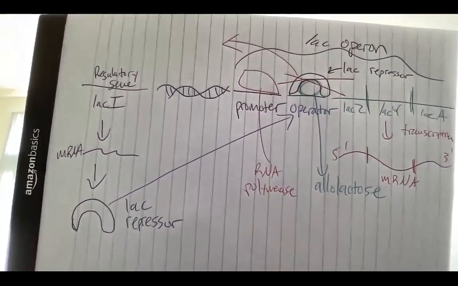So again, we're going to do transcription. The RNA polymerase will be able to do transcription to produce one long mRNA with start and stop codons. I'll even draw in the 5' to 3' ends. So similar as before.